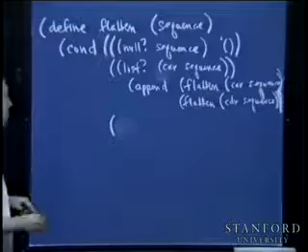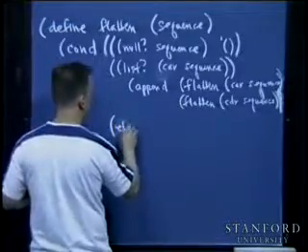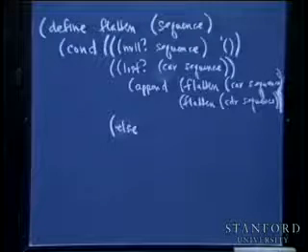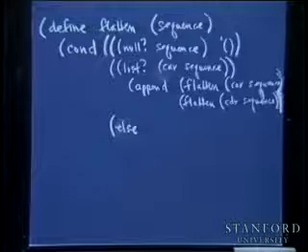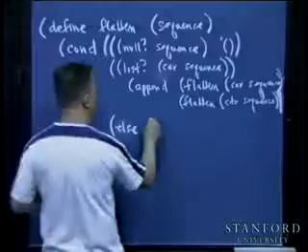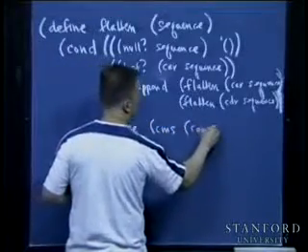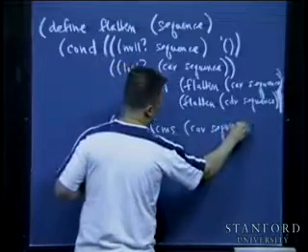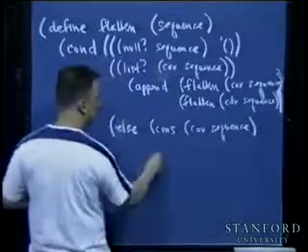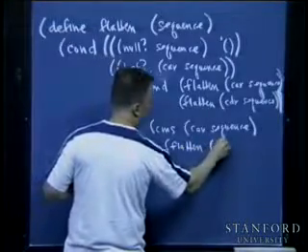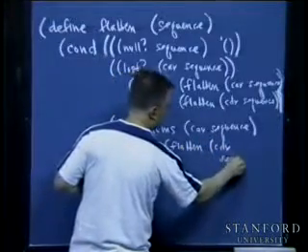You don't see that in a lot of other languages. You can use the keyword else right there, which basically is synonymous with true in this context. And what you would do is you would cons the car of the sequence, which requires no flattening because it's not a list, to whatever you get by flattening the cdr of the sequence.